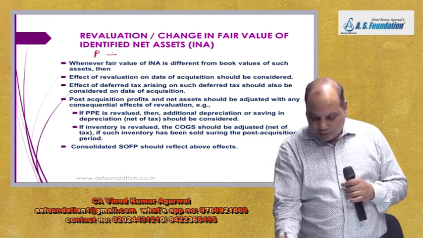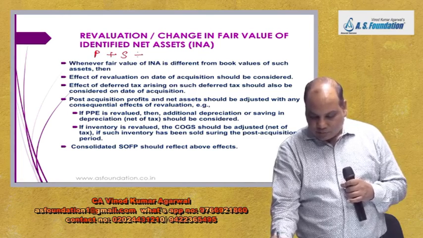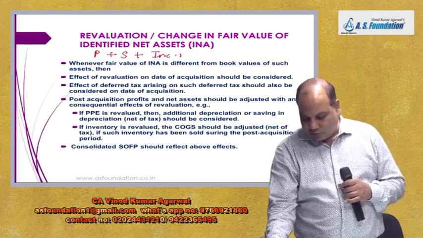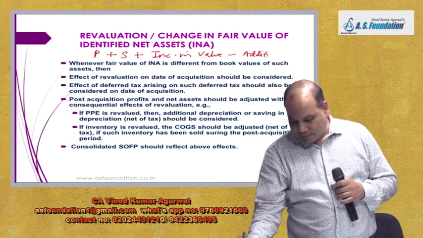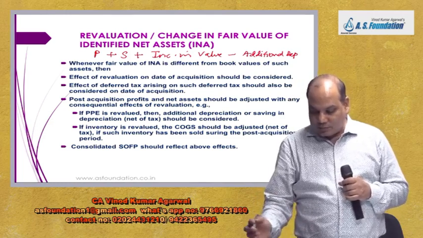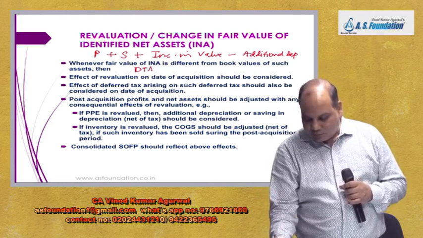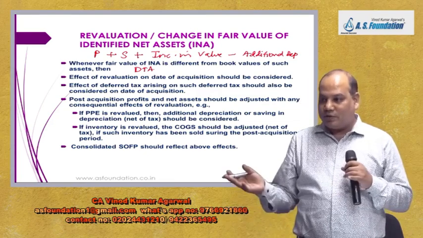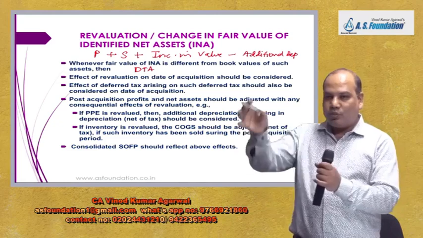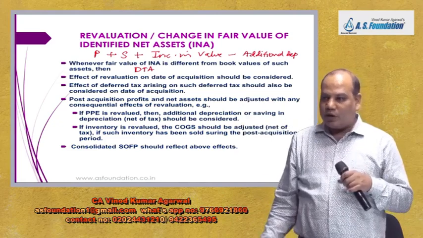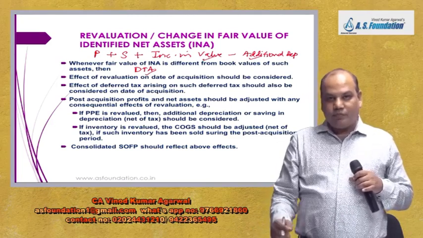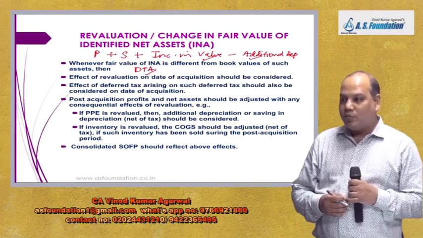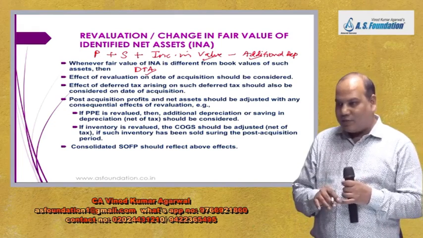I will add parent plus subsidiary plus increase in value minus additional depreciation. And in the balance sheet asset side, one more item may come, deferred tax asset. So all this effect will also be reflected in the SOFP, whatever may be the effect. So these are the adjustments which may be possible in case you revalue an asset upward. In case of downward, again reverse effect.